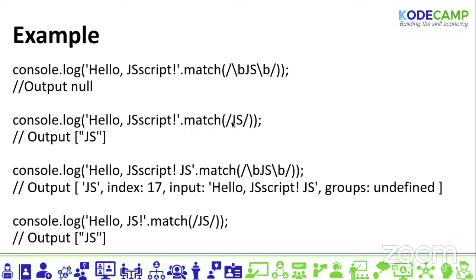But if we just do the normal without adding a word boundary, we say JS, it should match JS. It's not going to check for the word boundary, it's just going to check if there is any match, and then return it. But here it checks, it sees this match, but the word boundary doesn't correspond with what we need.